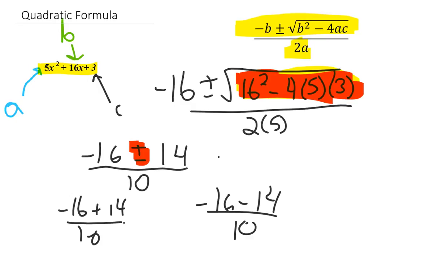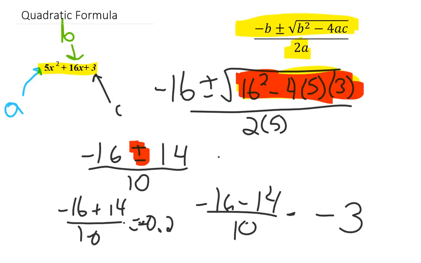Divided by 10 will give me a negative 2/10. So that's going to be one of my x-intercepts: negative 2/10. The other one, I'll have negative 16 minus 14 divided by 10 will give me a negative 3.